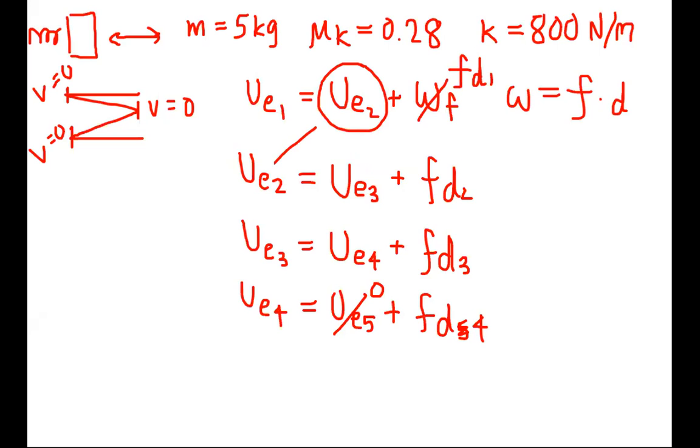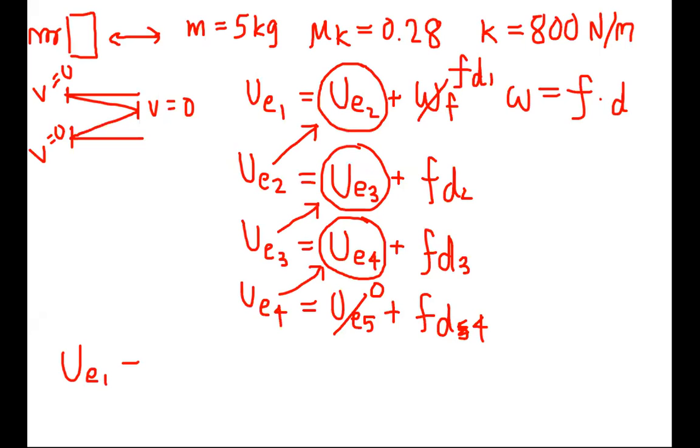So if I take all of these equations and move them up, replacing my variables with the equations that I've written below them, I can simplify this into an equation which is my potential energy of the first oscillation is equal to my force of friction times d1 plus d2 plus d3 plus d4.